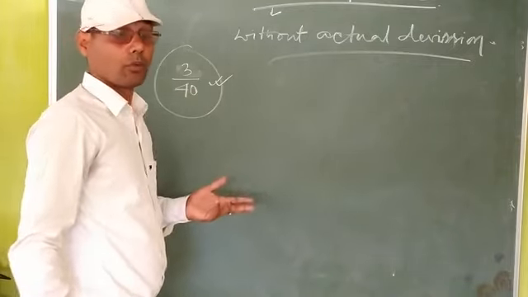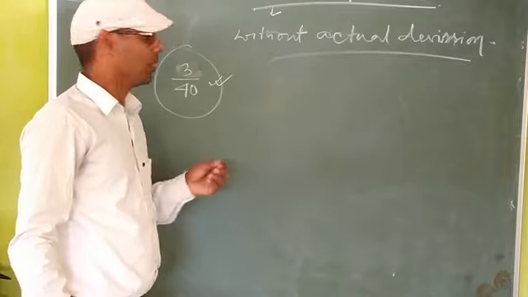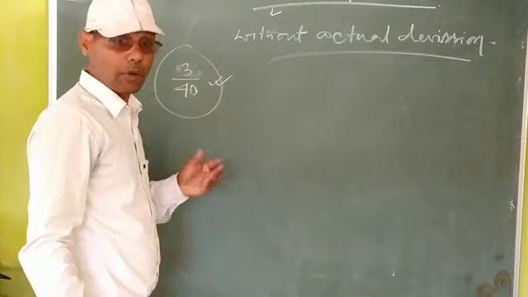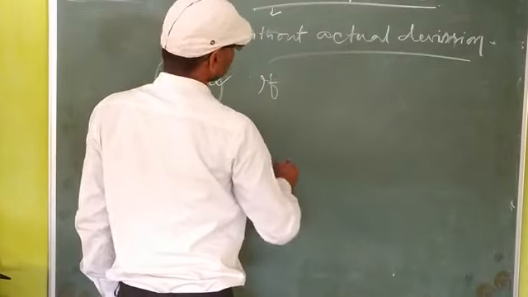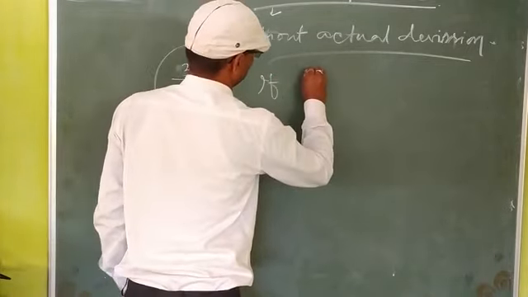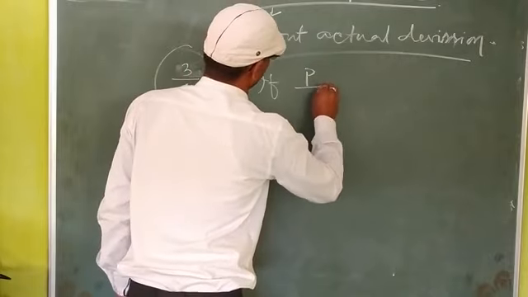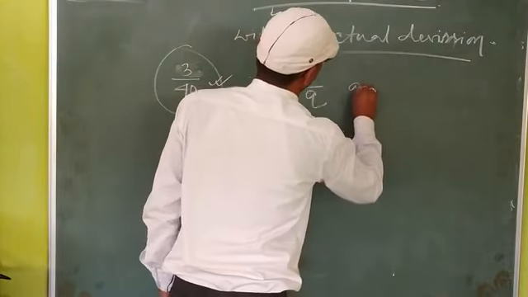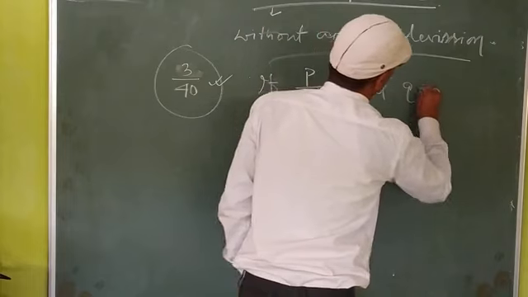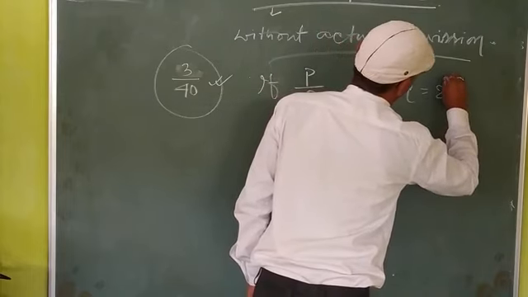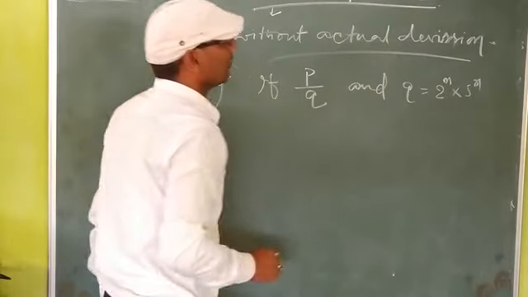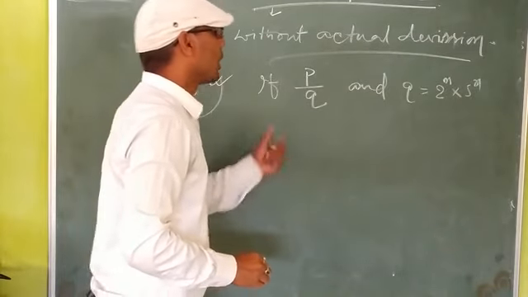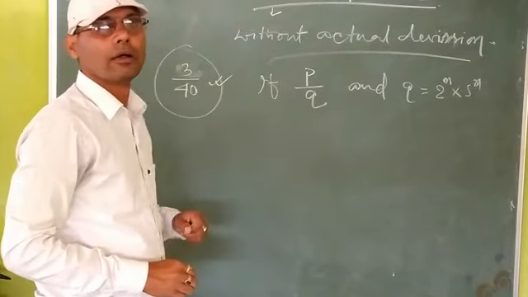Before you divide it, you can apply this formula. If any integer is in the form of p by q, and q is equal to 2 to the power m into 5 to the power n, you can say it is terminating.